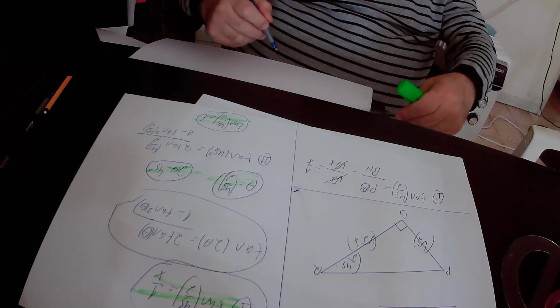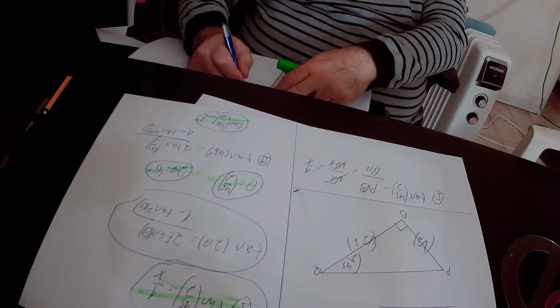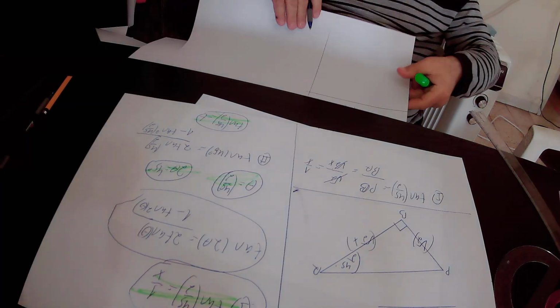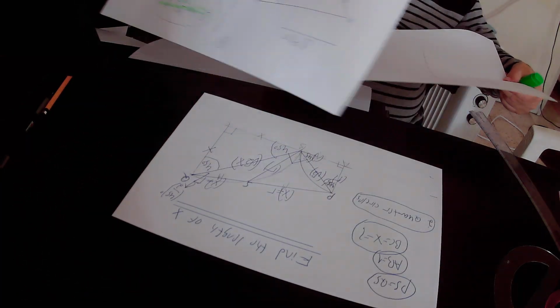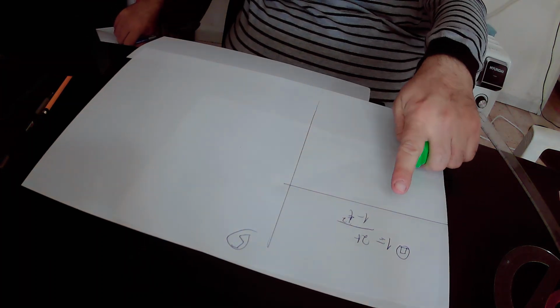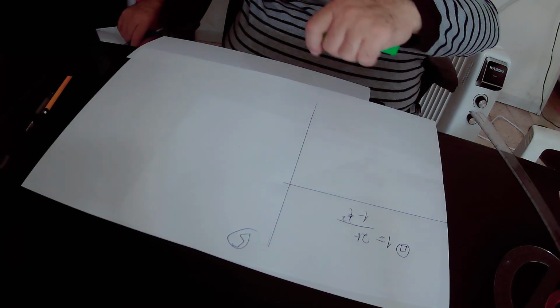In conclusion, we found out that according to this equation number 2, one equals 2t over 1 minus t squared.